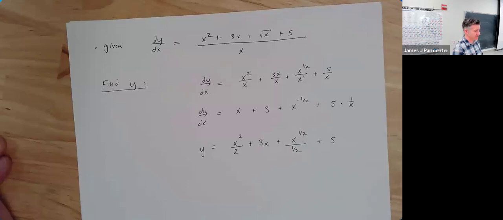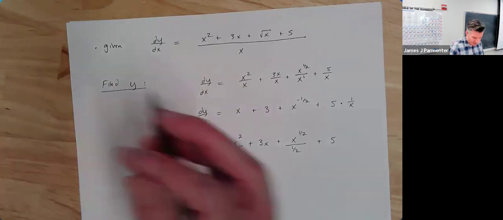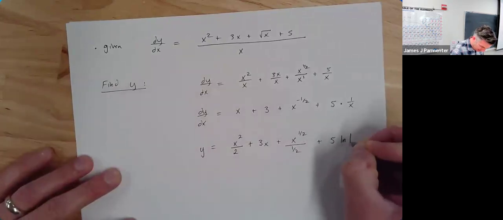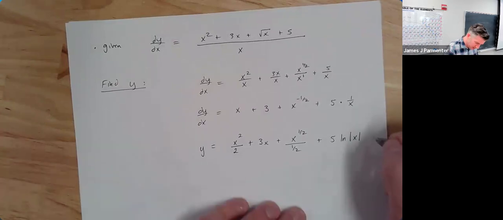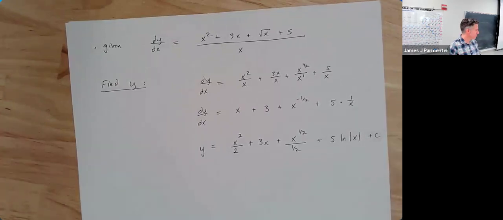Or as I like to phrase it, what function can you take the derivative of and get 1 over x? The natural log. Now, here's an unfortunate actuality. It's not just the natural log of x. It's actually the natural log of the absolute value of x, which is annoying, but true. We can talk about why in a second. And then, of course, we need a plus c at the end here.